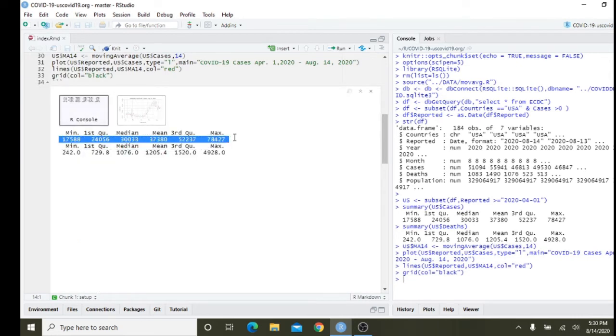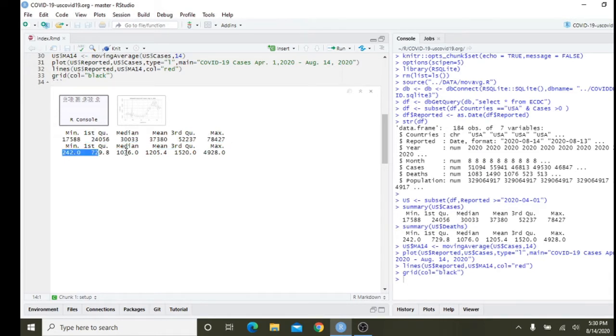This is cases. So you can see for the period of time from April 1st forward, the minimum number of daily cases was 17,588. The mean or average number of cases is 37,380. And the maximum is 78,427.